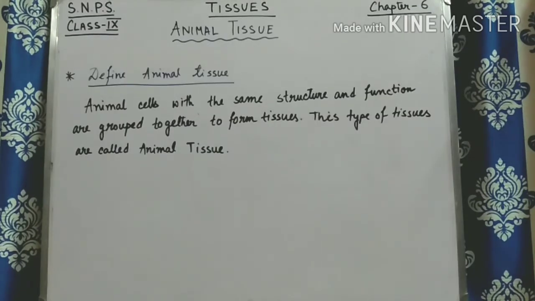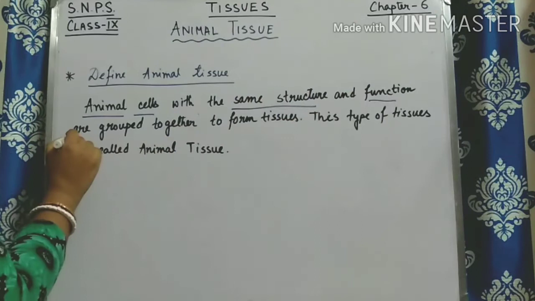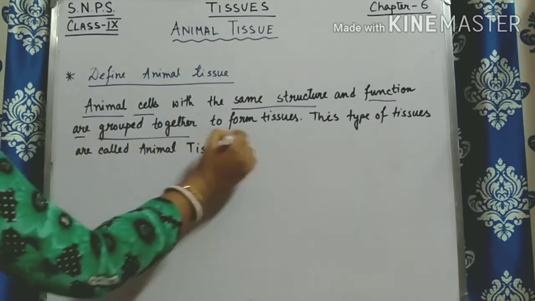So now see the definition of animal tissue. Animal cells with the same structure and function are grouped together to form tissue.